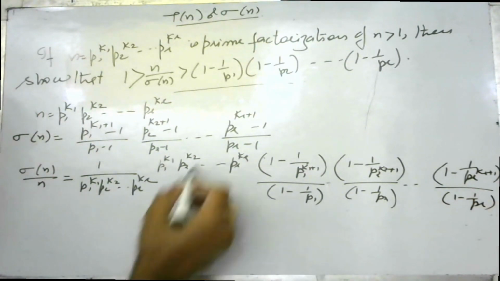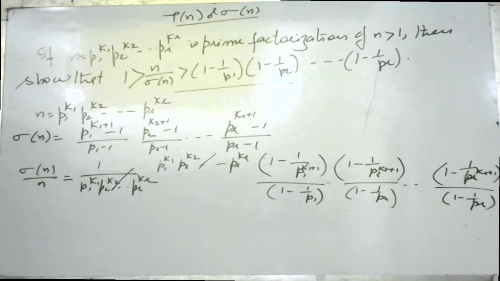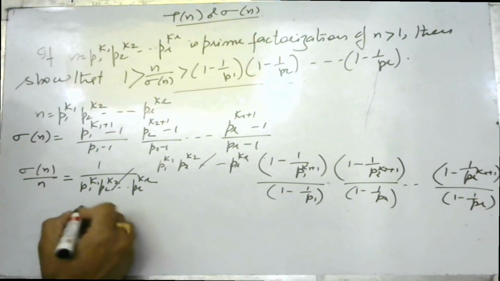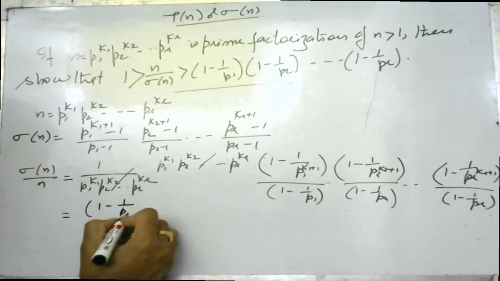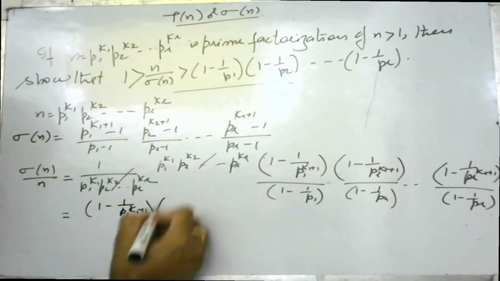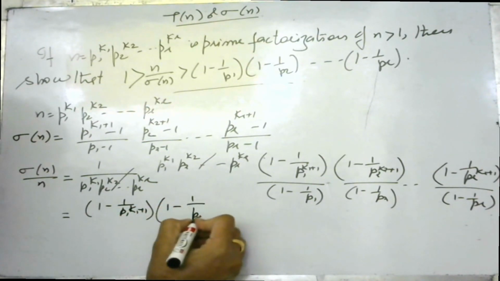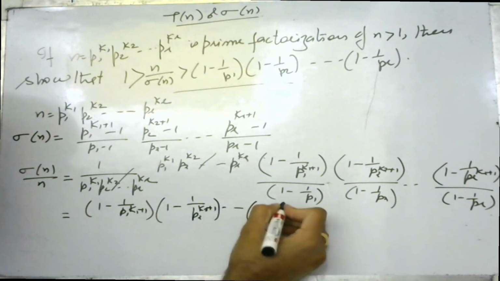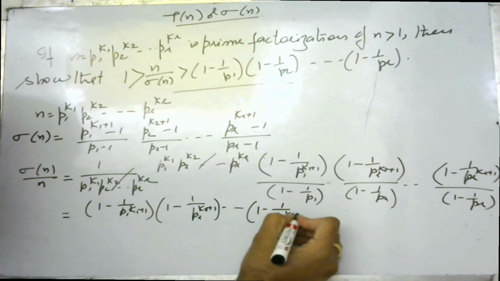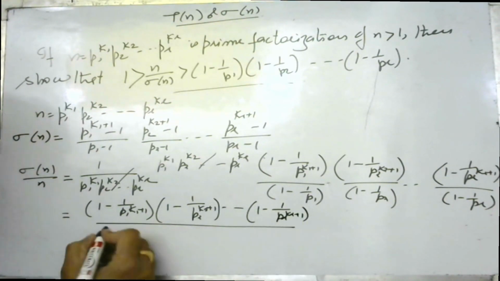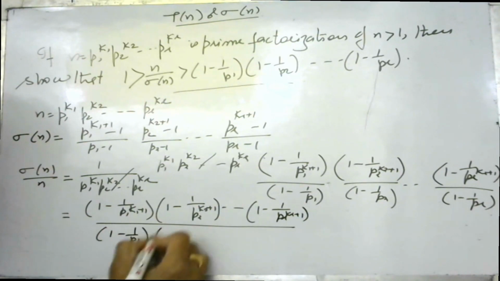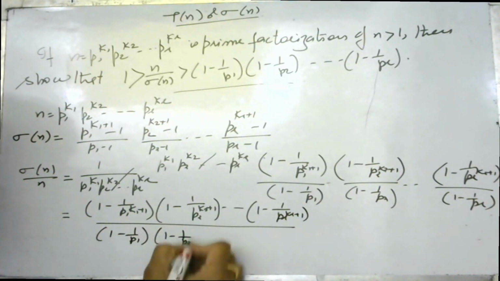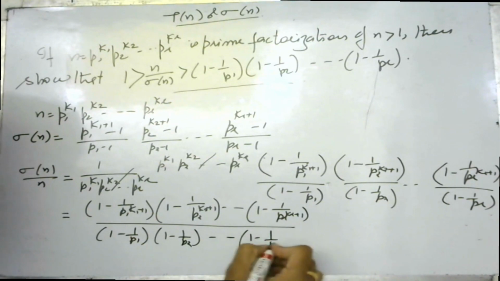So as you see, this will cancel with this, and we are left with this term, which may further be written as (1 minus 1 upon p1 power k1 plus 1)(1 minus 1 upon p2 power k2 plus 1) and so on, (1 minus 1 upon pr power kr plus 1), divided by (1 minus 1 by p1)(1 minus 1 by p2)...(1 minus 1 by pr).